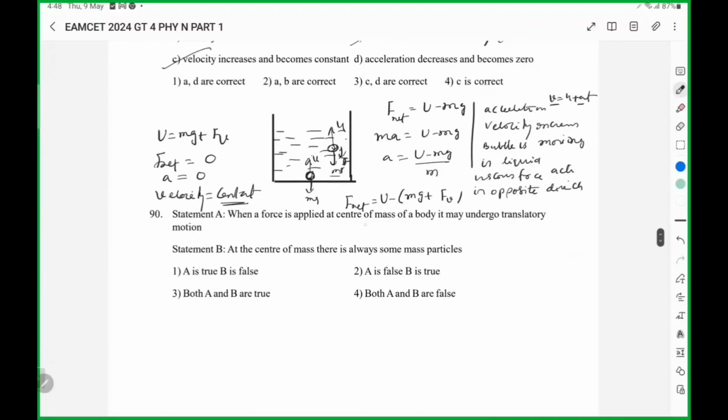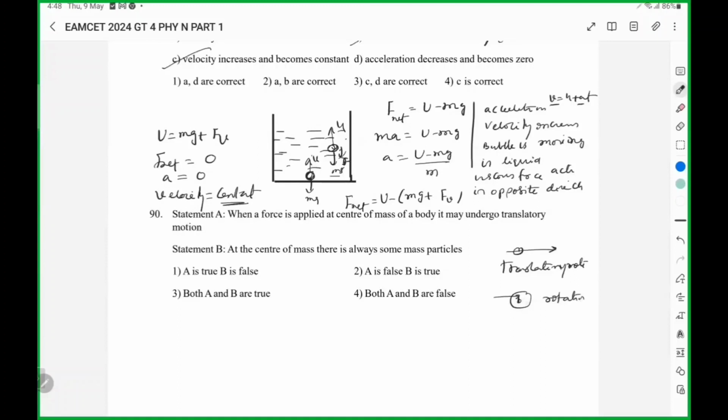When force is applied on the center of mass, it moves in a translatory motion. Suppose force is not applied through the center of mass, somewhere else, then there will be a rotation also.